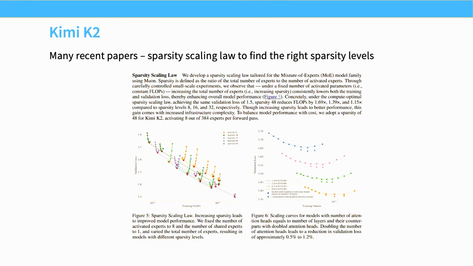Unsurprising. But now the fact that they can quantitatively know what the relationship is between sparsity and loss means that they can make more rational decisions about how much sparsity to put into their model. And they look at this and they say, okay, we're going to use a sparsity of 48 because at that point we're hitting diminishing returns on our scaling laws. Right? So you can see how this kind of analysis is used to justify different architectural decisions across different open source releases.